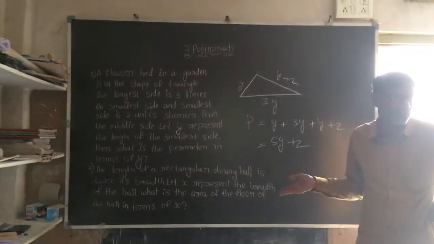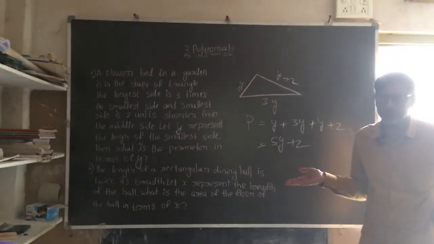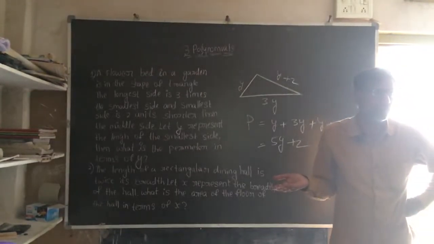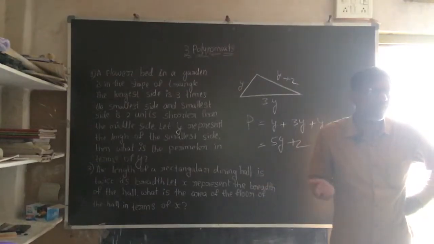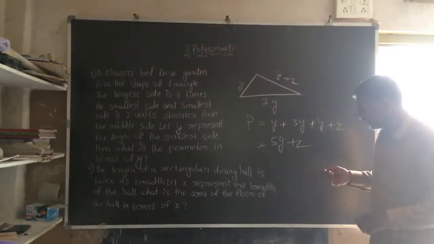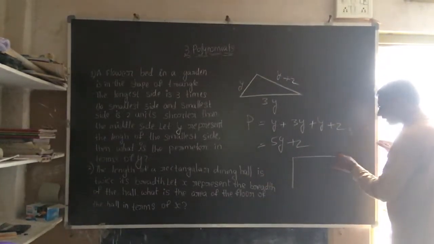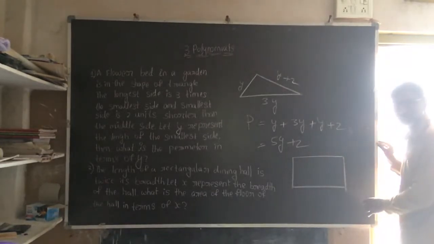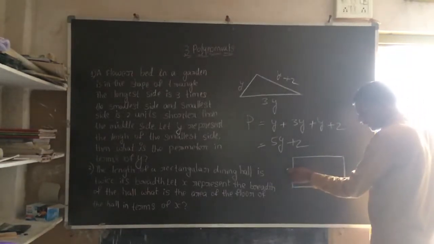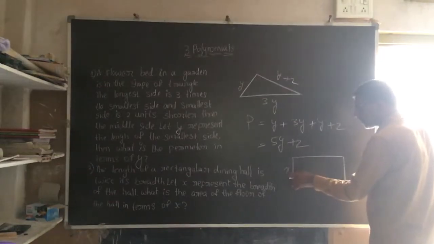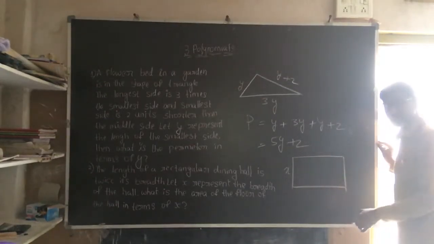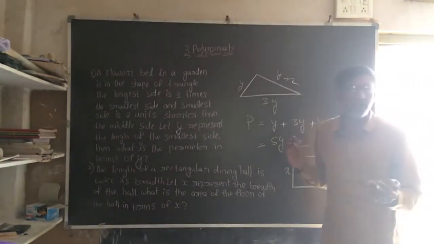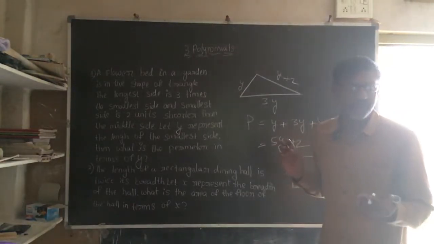Here I need to find the area of the rectangular hall. Okay, just assume it. This is my rectangular hall. Suppose the breadth is x centimeters, whatever it may be, I don't know. I will take it like that.